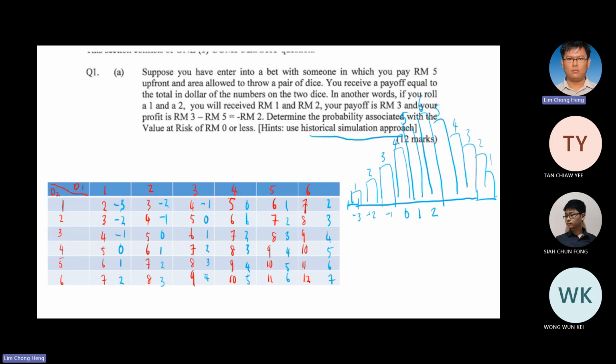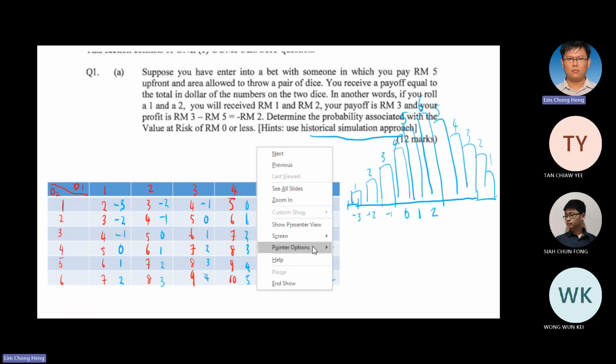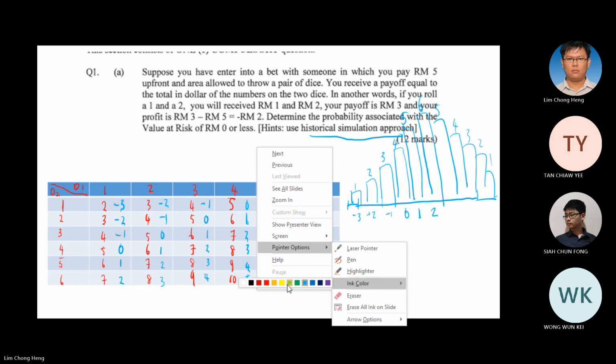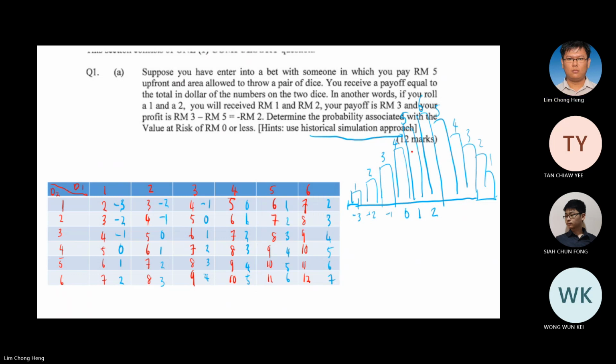Question, after you plot the histogram, the question asking your return is 0 and below. So 0 and below is here. I change another color. What is the frequency? 1, 2, 3, 4, 10.